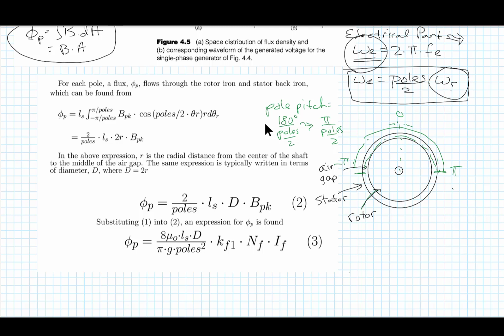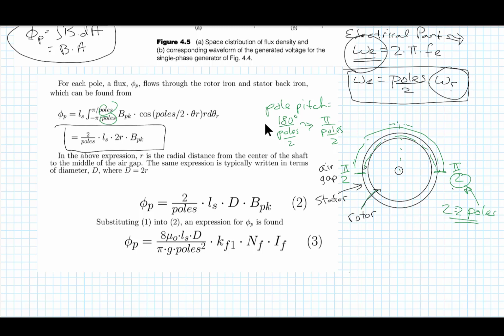I'm integrating from negative pi over 2 to pi over 2, where 2 represents the number of poles. So in general, I could replace this with number of poles. And I'm going to integrate under that area to find the flux. And this is my final result here.